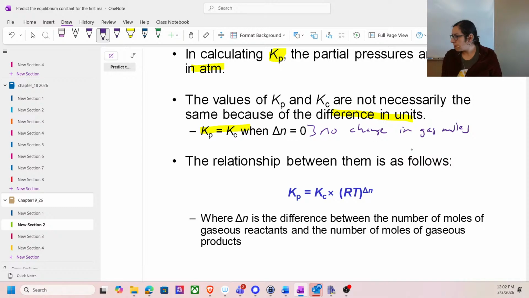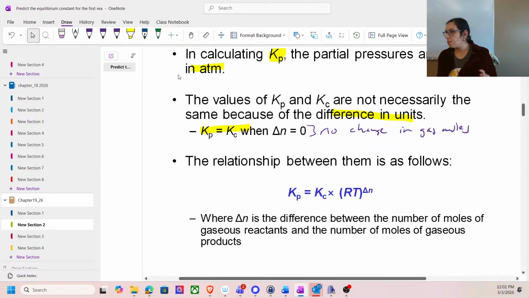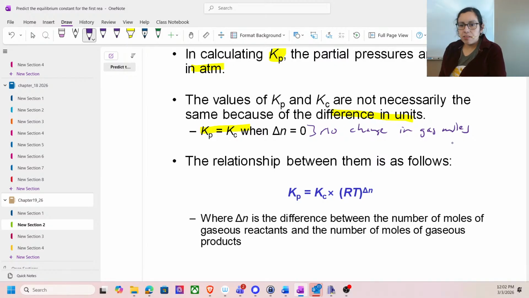Obviously, if we change the number of moles as we go from reactants to products, and we'll see an example, like if we go from 2 to 3 or 4 to 2, then we will have a change in gas molecules. Changing your gas molecules number starts to change your concentration.